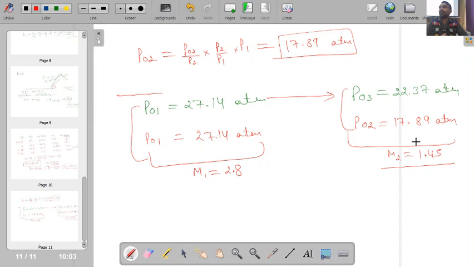okay, so in case of a scramjet engine, we want to increase the propulsion efficiency, and we have seen in very initial lectures that the thrust force which is responsible for propulsion is directly proportional to exit pressure. If our exit pressure which is leaving the engine is high, then our propulsion efficiency will be better.